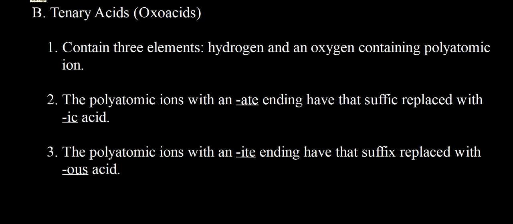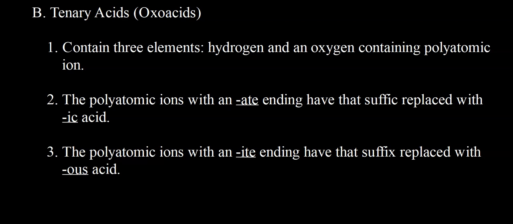All right, ternary acids, also known as oxoacids, contain three elements. They contain, of course, hydrogen and then some oxygen-containing polyatomic ion. So here's how it works. Let me ask you this. If you ate an acid, what would it taste like? I'm not talking about the burning sensation. I'm talking about sour.